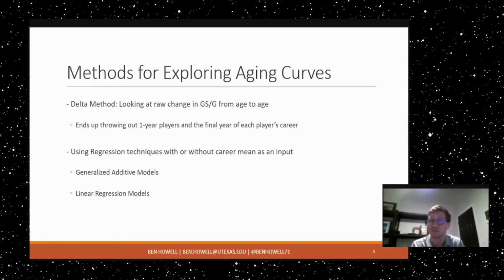And excluding the final year of a player's career is detrimental because, again, that was their final year where it's likely that they didn't play well enough to warrant coming back for the next season. So to approach that problem is using some regression techniques, whether it's a generalized additive model, which I will refer to as GAMs, or linear regressions.